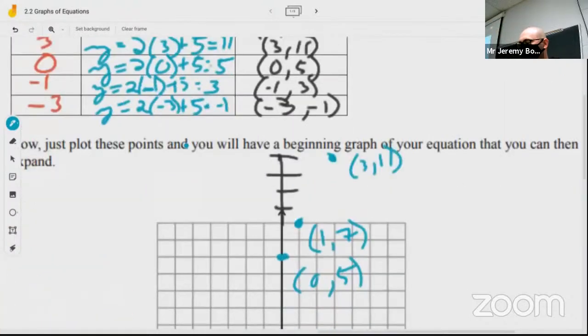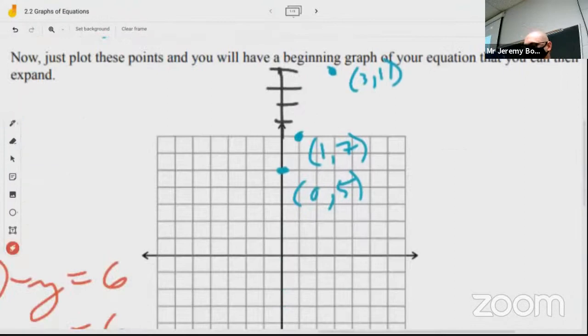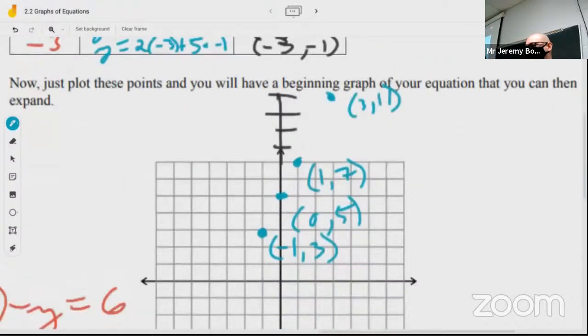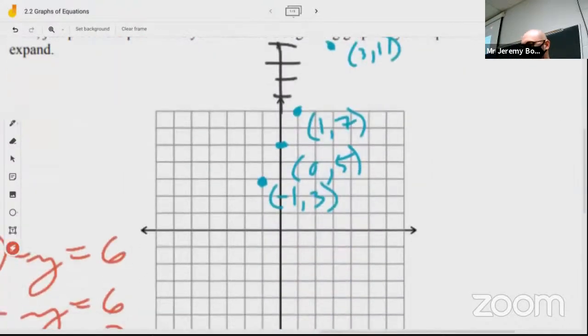And we got -1, 3. So x is -1, y is 1, 2, 3. That's right there. And then we got -3, -1. So 1, 2, 3. And then -1's down here for y. Almost messed that up.